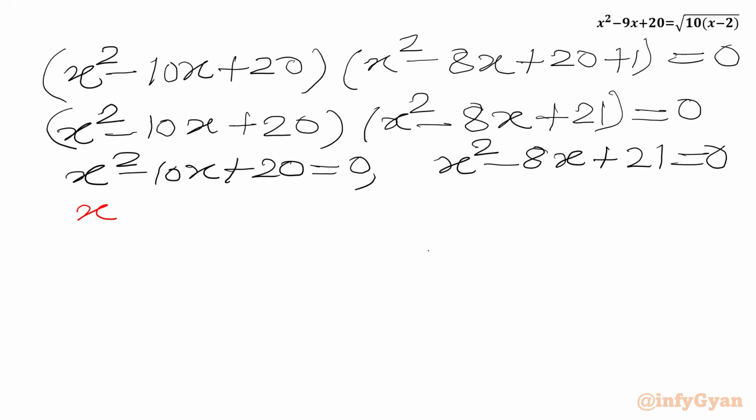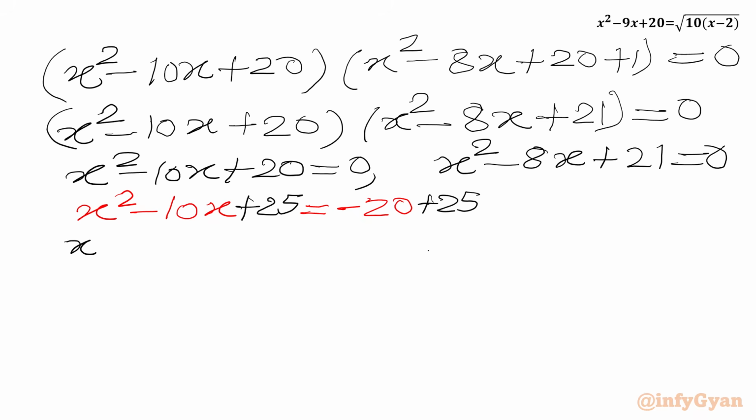So I will write here x squared minus 10x on one side and I will take 20 to the other, so we need to write minus 20. Now we'll be adding: the coefficient of x is minus 10, half of that is minus 5, and the square of that is 25. So we need to add 25 on both sides. We will write x minus 5 whole square in the LHS and there will be 5 in the RHS.